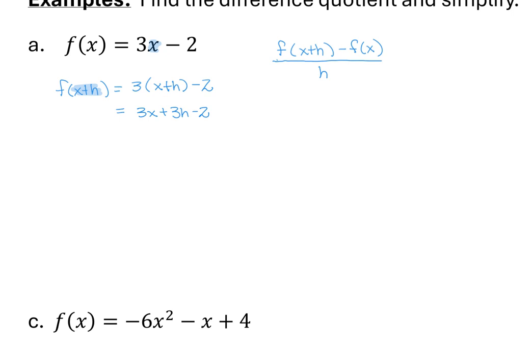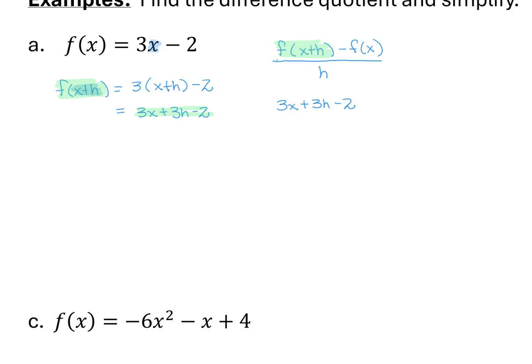This expression is our f of x plus h, and so we're going to put it in the first thing. So we get 3x plus 3h minus 2.